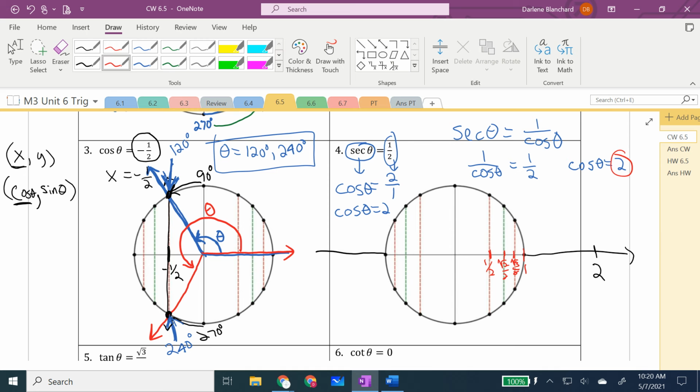If I draw a vertical line at x equals 2, does it intersect the unit circle? What does that tell you about the answer to what are the angles where the secant of theta equals 1/2?